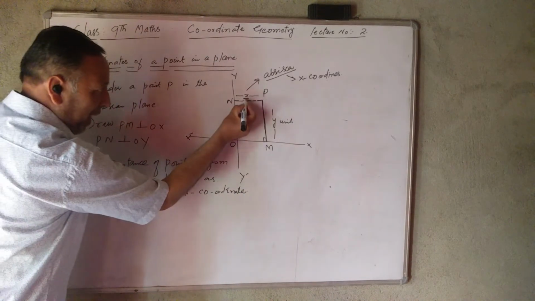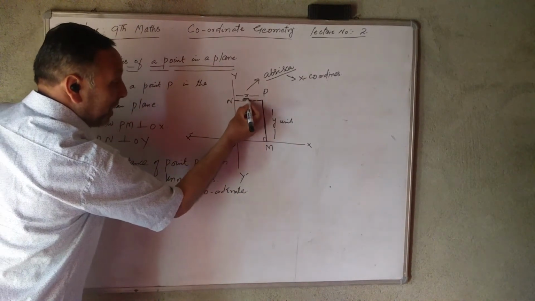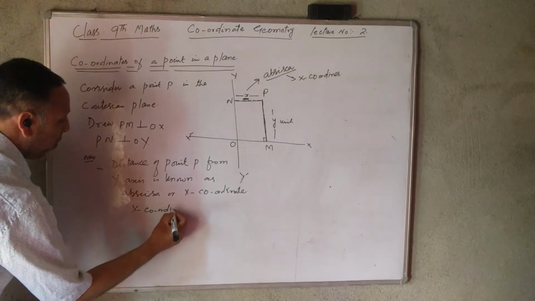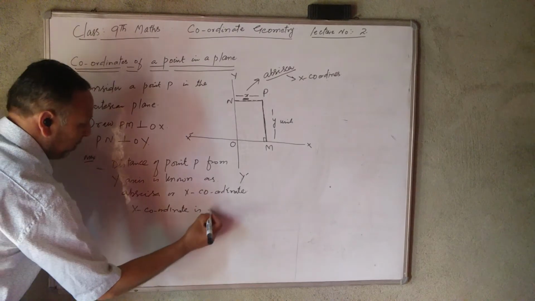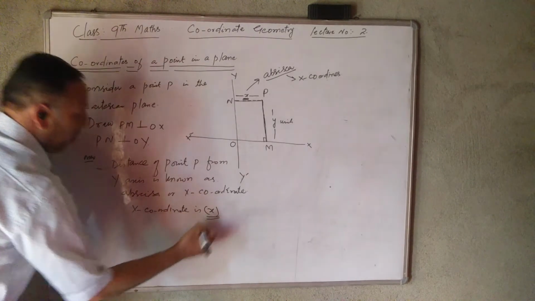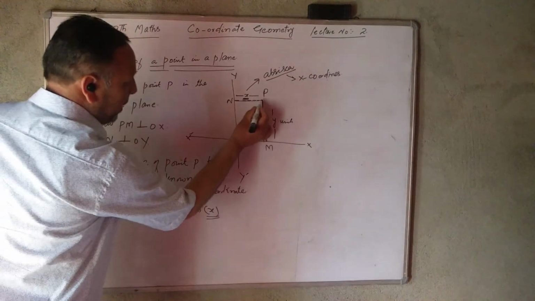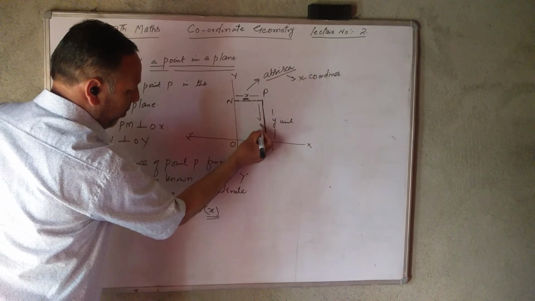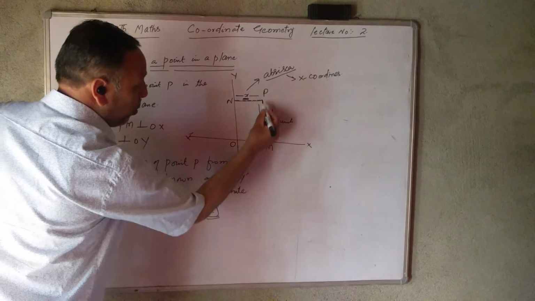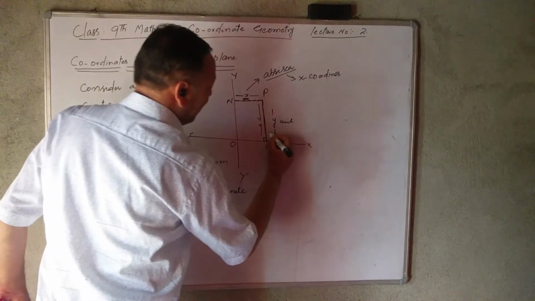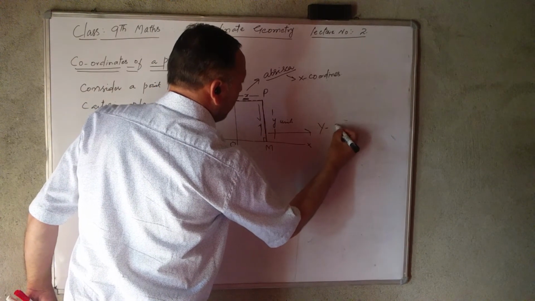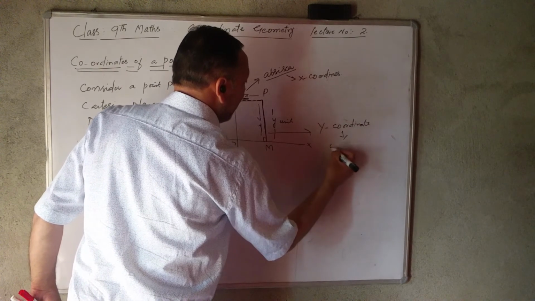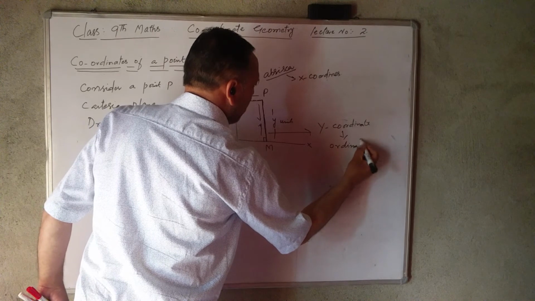Here in this case the X coordinate we have kept as X. And the distance of point P from X-axis is known as Y coordinate. We call this distance Y coordinate, or simply ordinate.